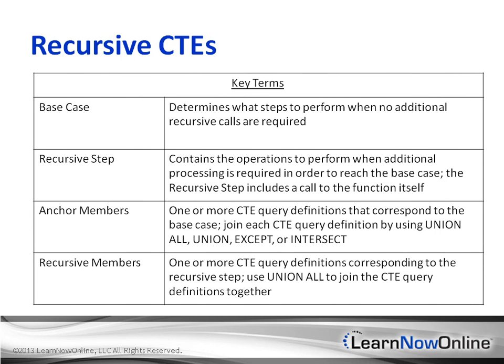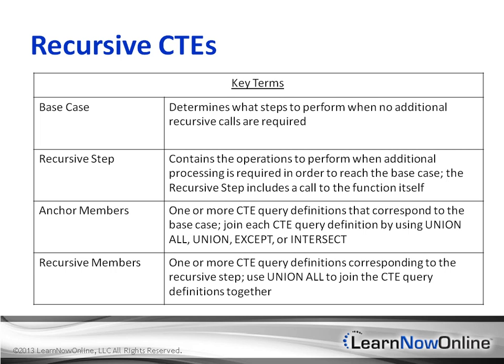So here are some key terms. First of all, we have a base case. Those are the steps that we need to perform when no additional call to the function is required. We have a recursive step. This contains operations to perform when there's additional processing required, and often that includes calling the function itself. Now, when we want to do this as a CTE, the base case and recursive step map out to what SQL calls anchor members and recursive members.